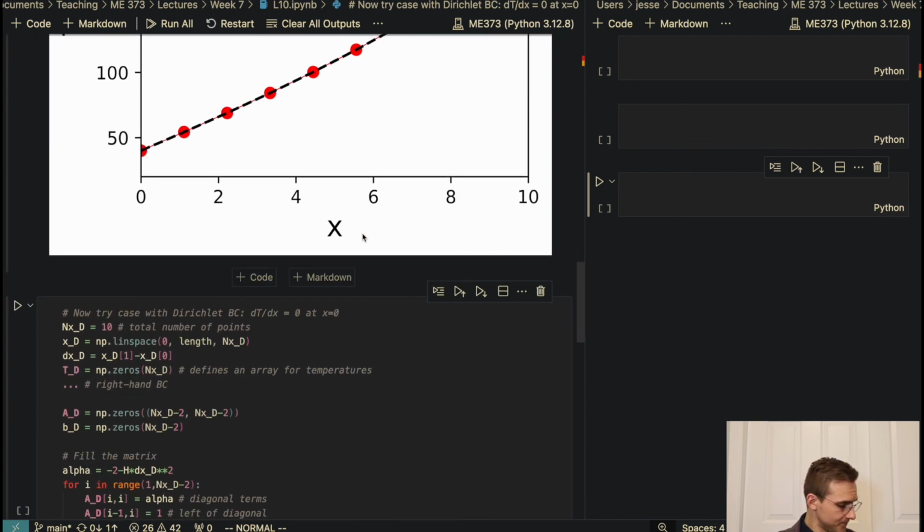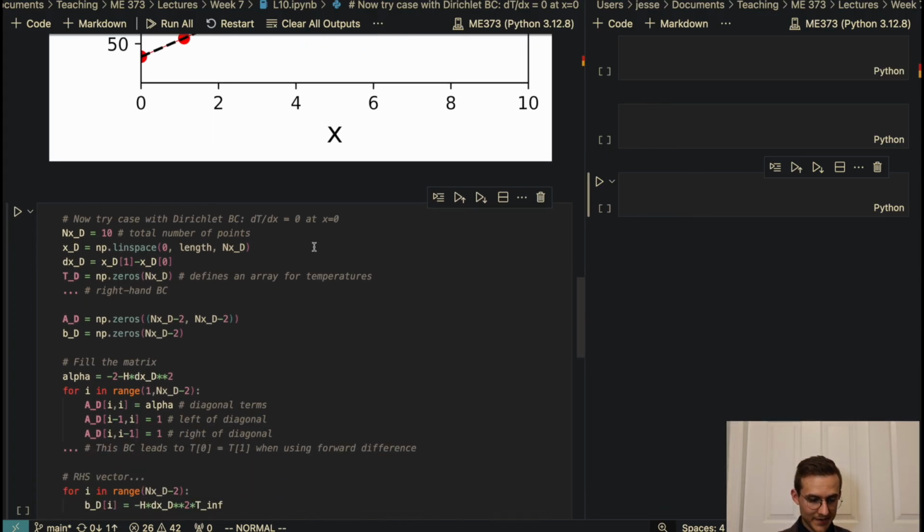Okay, and so let's actually go ahead and look at the Dirichlet boundary condition, just to show how it differs. It's actually very, very similar. So everything is basically the same up to this line, and then the similarities continue, where the right-hand boundary condition is the same as before.